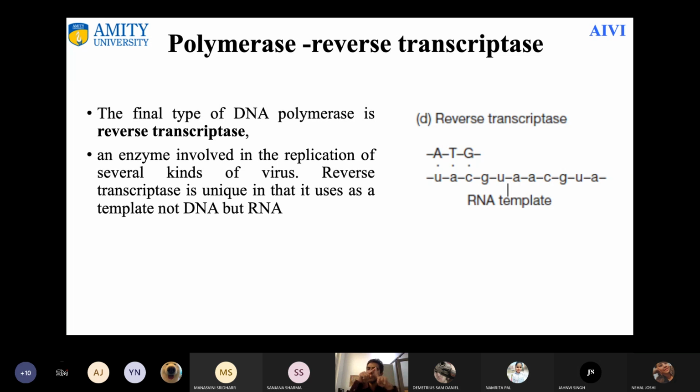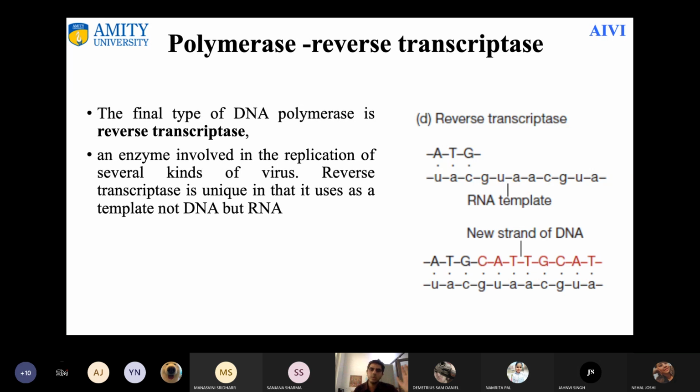So requirement-wise, whatever you need in the case of a DNA polymerase, you need here also. You require the template, you require the primer, and you require dNTPs, deoxynucleotide triphosphates. They are deoxy in nature because the oxy ones would have ribose, and you don't need ribose, you are making DNA. So whatever the requirements were, here also all are common.